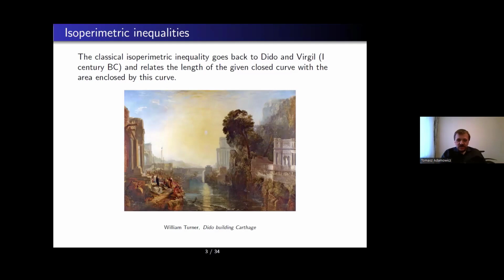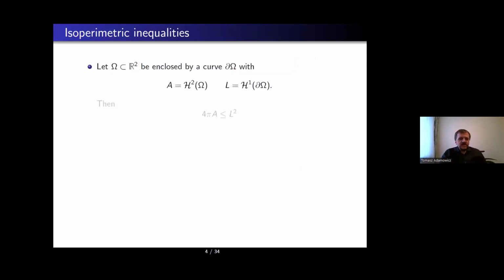And I allowed myself to illustrate this legendary origin of the isoperimetric inequality by a painting by William Turner. So I suppose here you can see Dido, who is applying the isoperimetric inequality, although she is probably unaware that she is applying it. But mathematically speaking, the classical isoperimetric inequality can be formulated as follows.